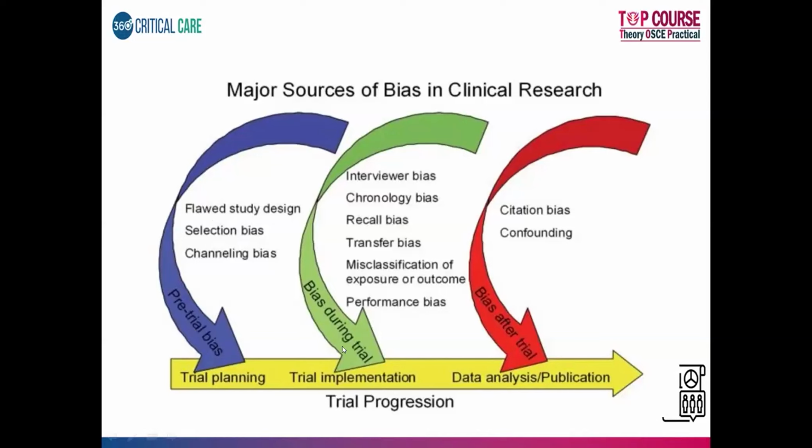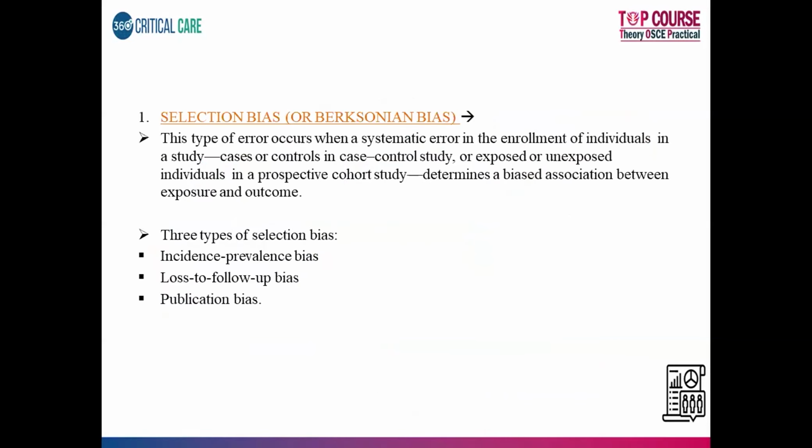Now coming to the bias during trials, you have the interviewer bias, chronology bias, recall bias, transfer bias, performance bias. And while analyzing or publishing, you have two important biases: one is the citation bias and the other one is the confounding bias. So we will go through the individual ones, only the important ones I will be discussing.